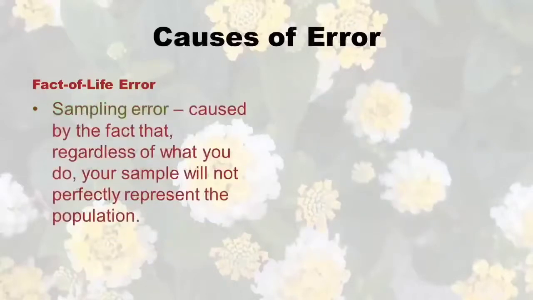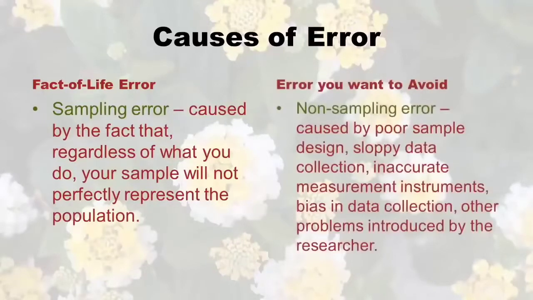Sampling error is caused by the fact that regardless of what you do, your sample will not perfectly represent the population. Whereas with non-sampling error, yeah, I was sloppy. It was poor sample design, sloppy data collection, inaccurate measurement instruments. You can have bias in data collection, or other problems introduced by the researcher. So this is your fault if there's non-sampling error. But sampling error, that's just a fact of life.